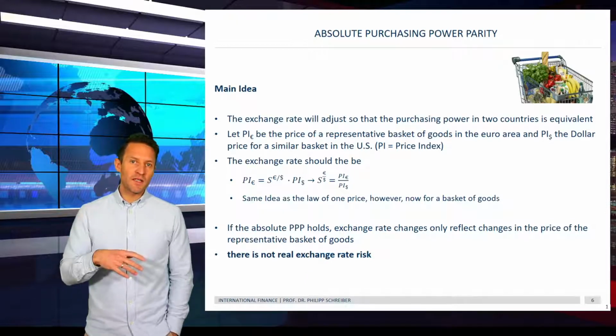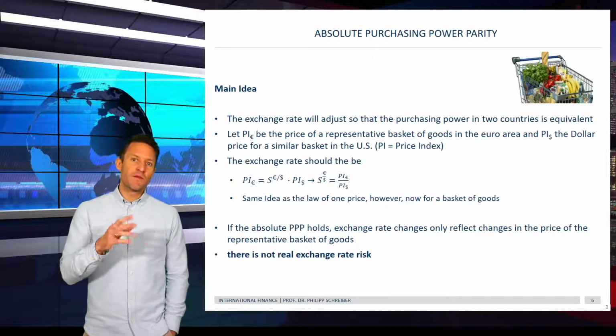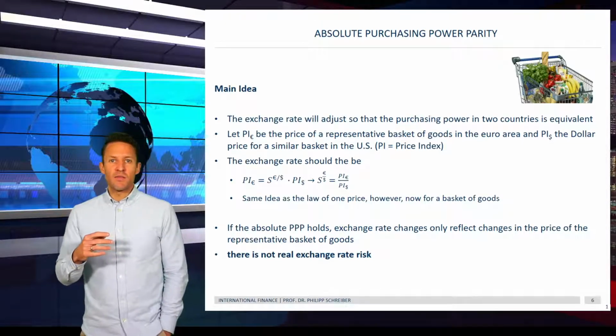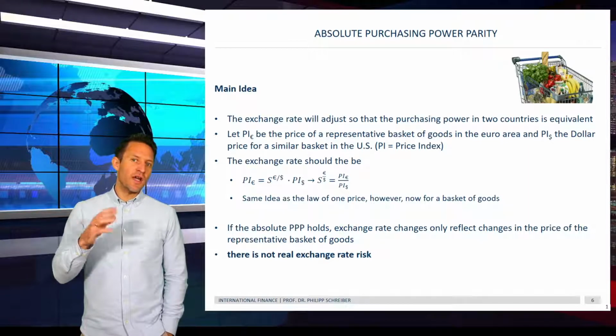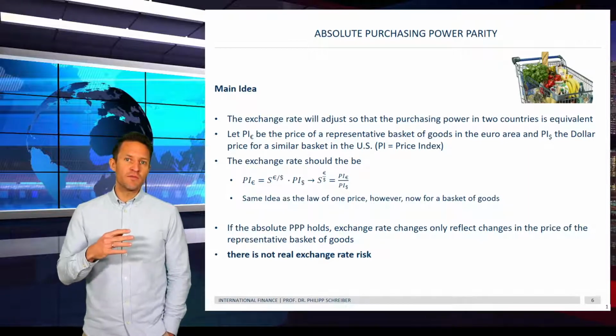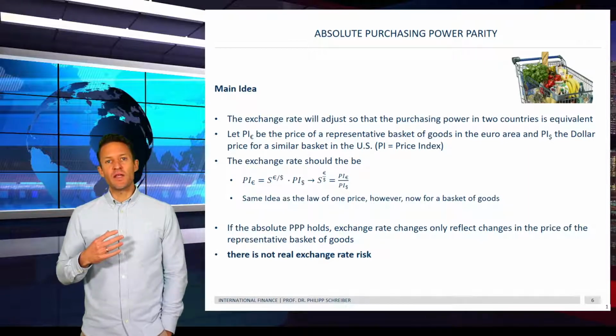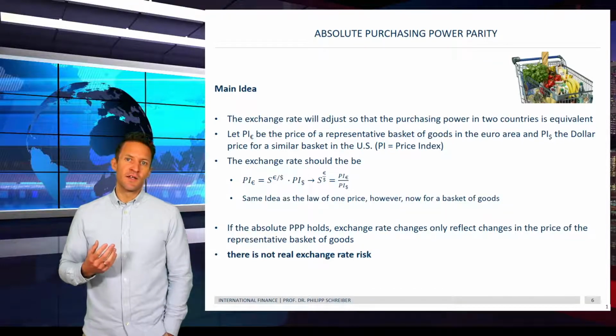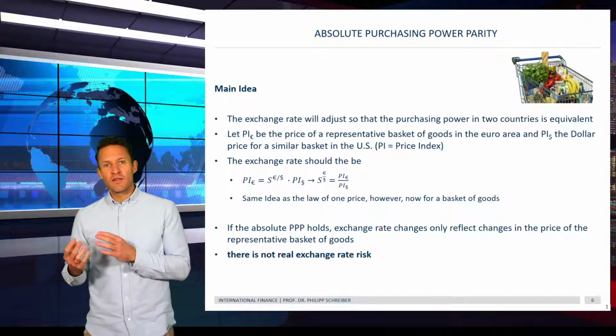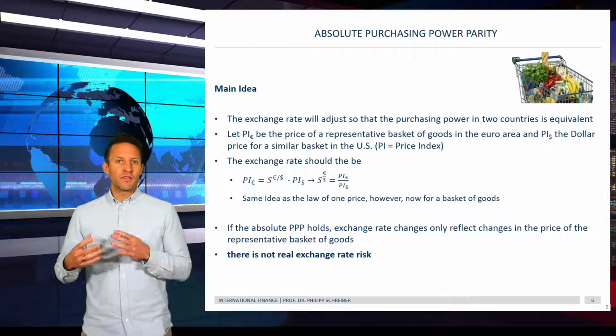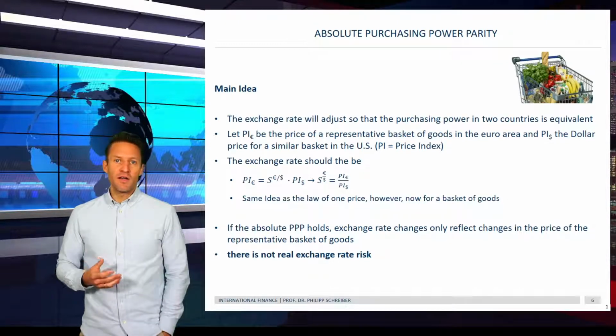So in this basket there is some food, some groceries. In this basket there is cost for energy, cost for housing. In this basket there are some services like haircuts. In this basket there are clothes, there are electronics like a laptop, a camera, TV.